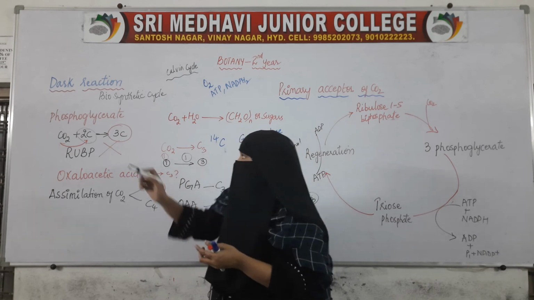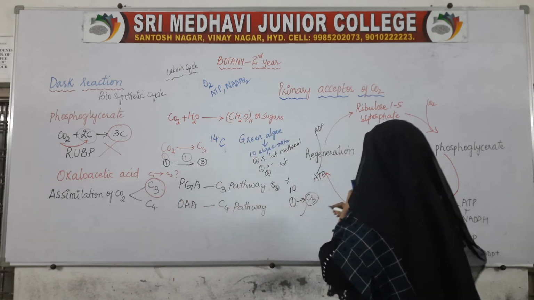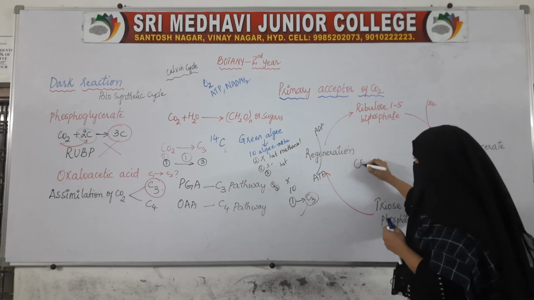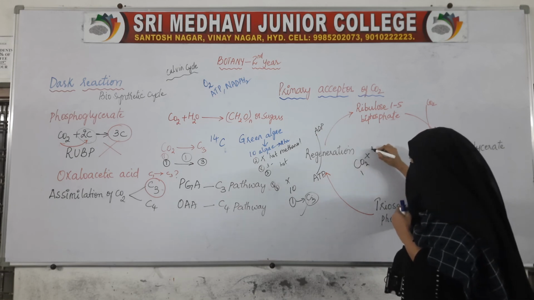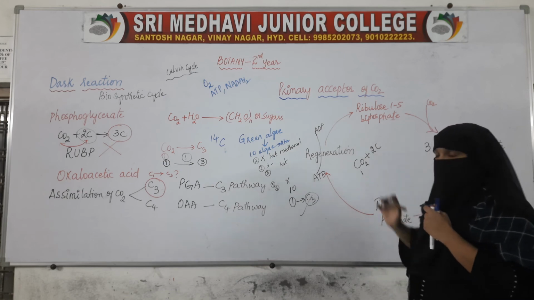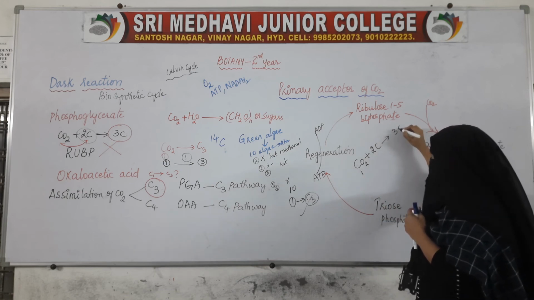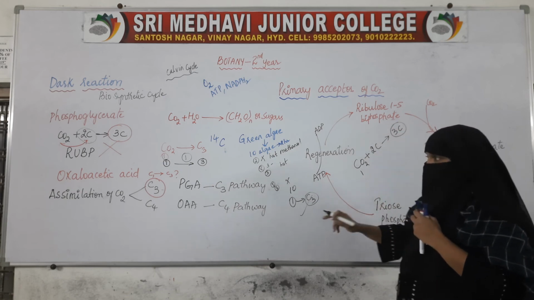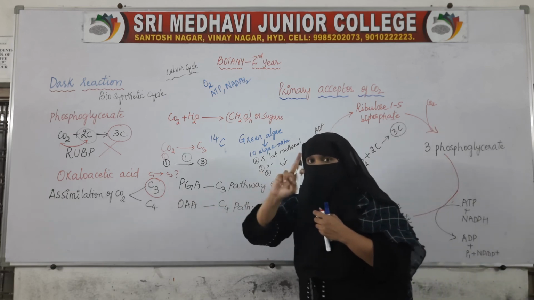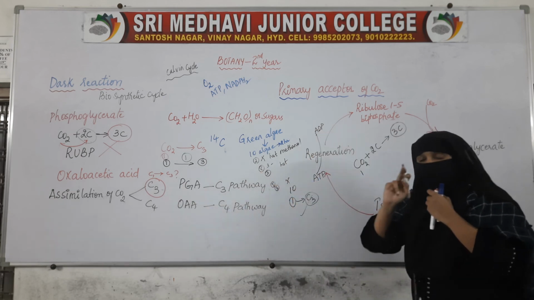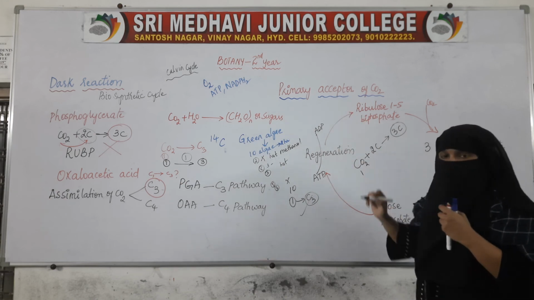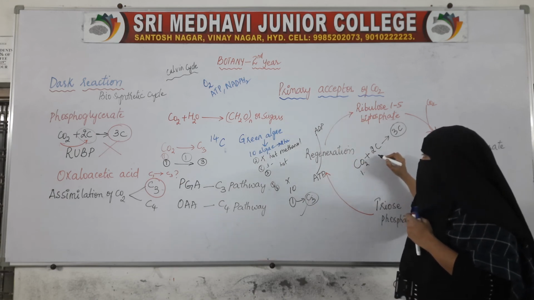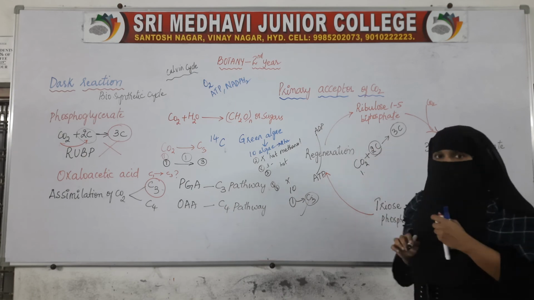So earlier they thought that a 1 carbon compound is mixing with a 2 carbon compound to form a 3 carbon compound. We said a 3 carbon compound is formed as the first product. So they thought that in the first reaction of this whole cycle, carbon dioxide was combining with a 2 carbon compound.